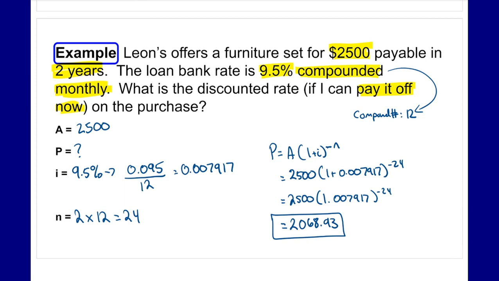So in this case, you're paying close to $350 in interest for the benefit of paying that off over 2 years instead of right now. Those are the pros and cons you have to weigh when considering loans or paying things off over time.